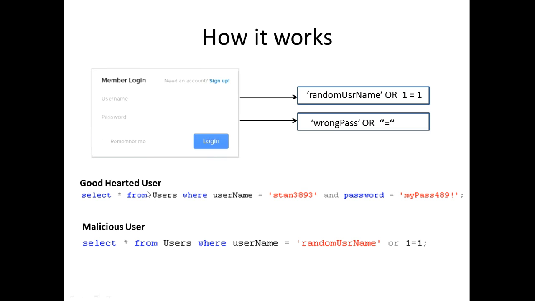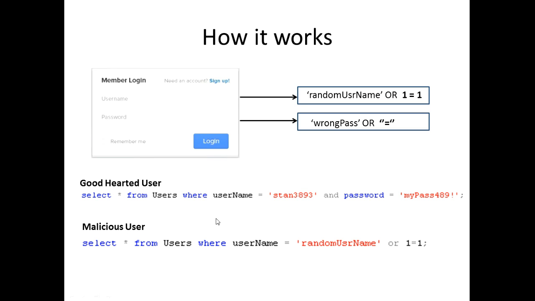Let's just say we have a good-hearted user, a user that doesn't want to acquire any sensitive information from the database. Good-hearted user, no bad intentions or anything. So they log into this form with their username and their correct password, and then they're able to make their way to their page on this website.